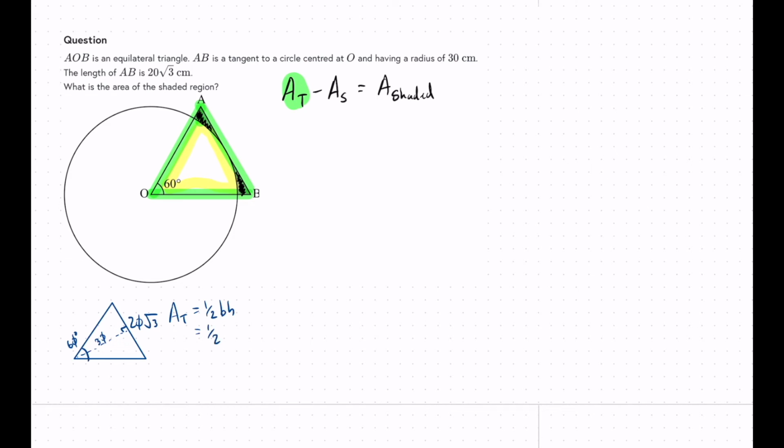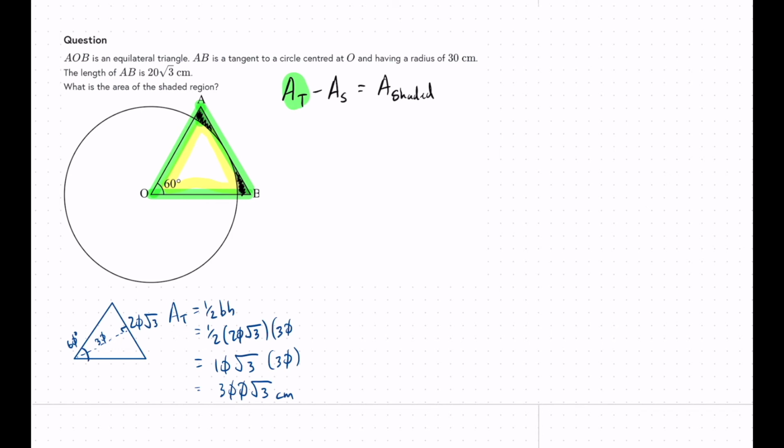Well, the base, 20 square root of 3, and the height, well, that's 30. We expand this out, and that gives us this figure here. I'm not going to simplify square root of 3 just yet. We're going to do that at the end.